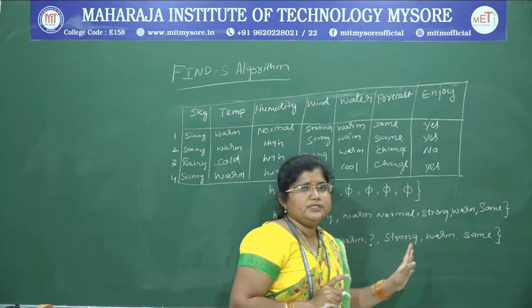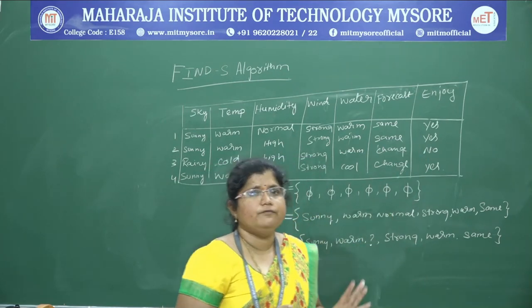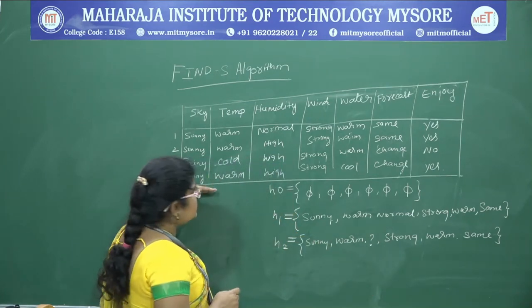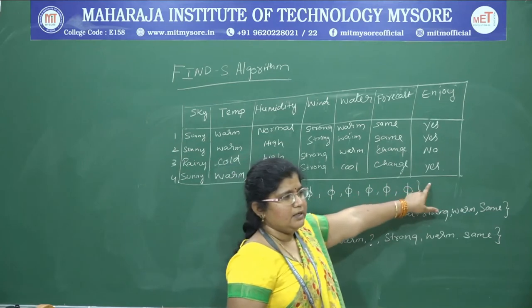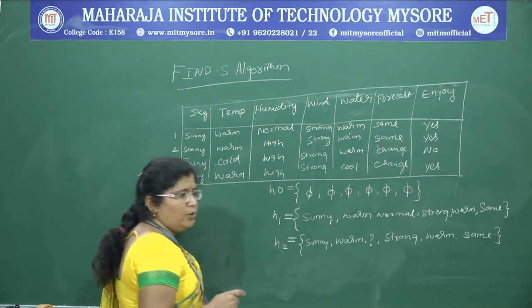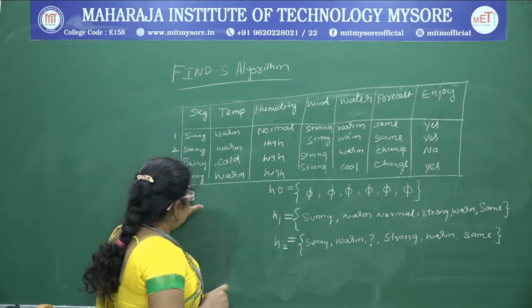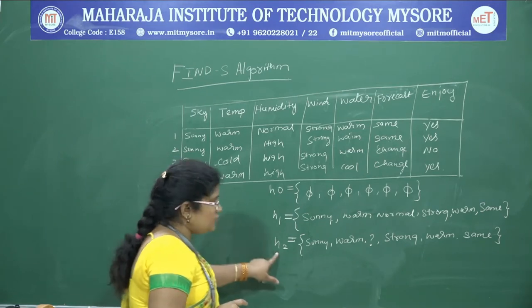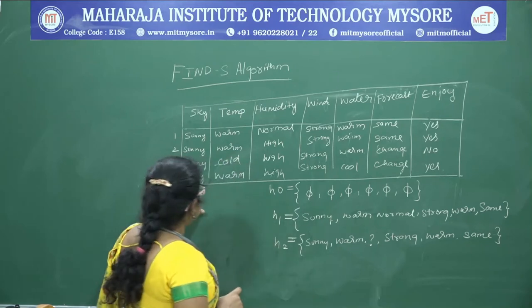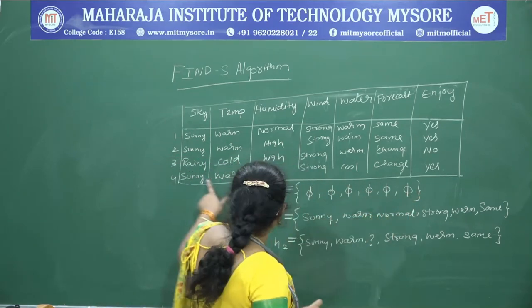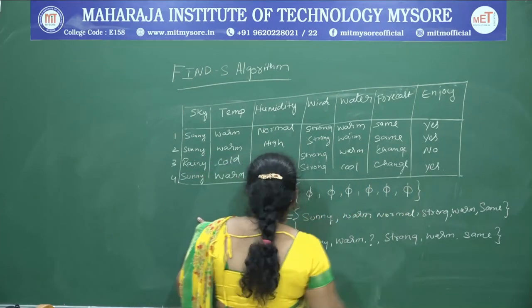The negative instance is not going to be addressed by the Find-S algorithm, so it will directly switch to the next positive training example. The fourth row is indicating a positive training example, so the H2 hypothesis will be compared with this fourth row, the positive example.